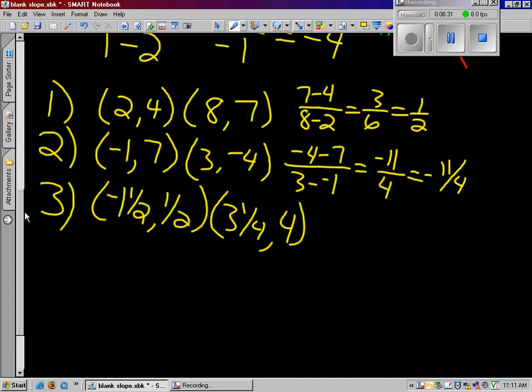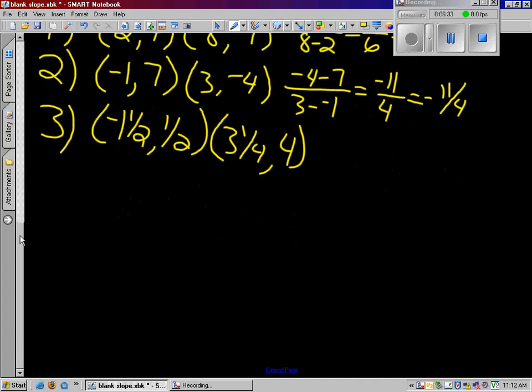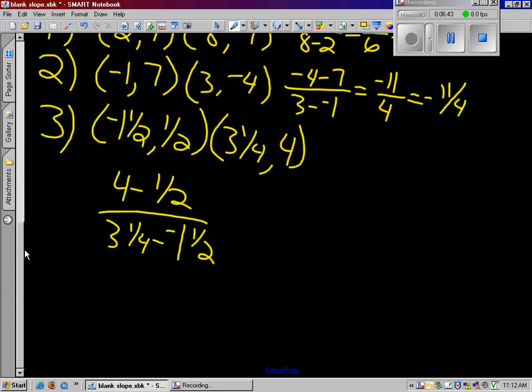Alright, and the last one, time for fun with fractions. On top, I'm going to get 4 minus a half, and on bottom I get 3 and a quarter minus negative 1 and a half. So now we have all the integer problems, the negative and positive, and the fraction. You are welcome to put this into your calculator. All those halves would be like 0.5 or 1.5.